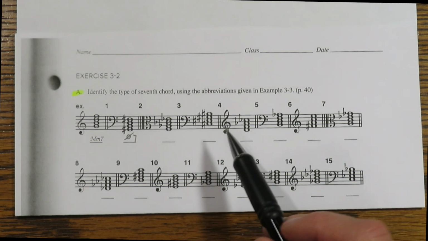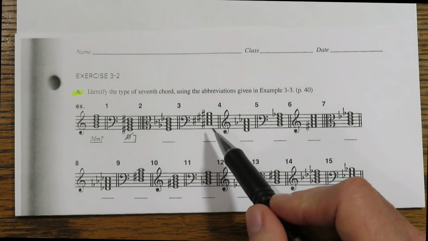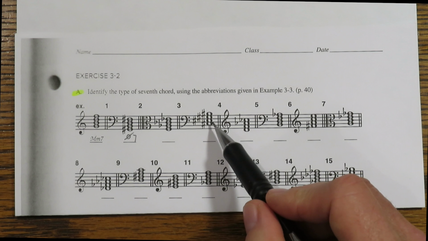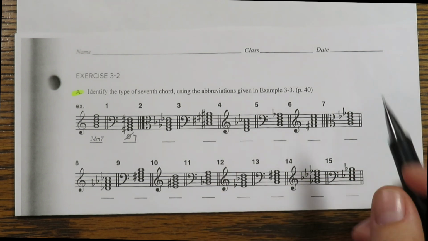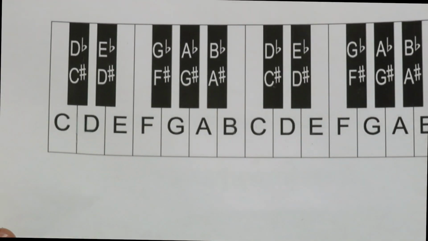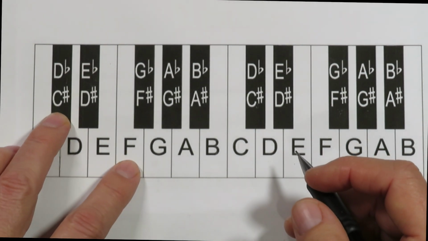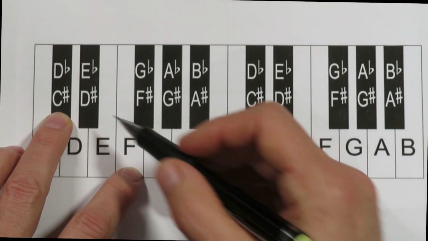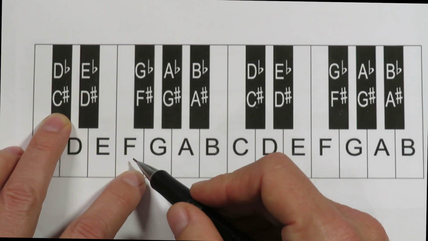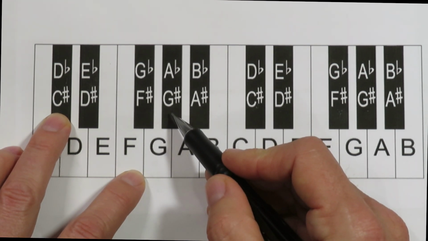Now number 3, lots of sharps, and we're in the bass clef. C sharp, E sharp, G sharp, and B sharp. Okay, so they're all sharped. Now, C sharp to E sharp, major third. E sharp to G sharp is a minor third. So we have a major triad, okay?